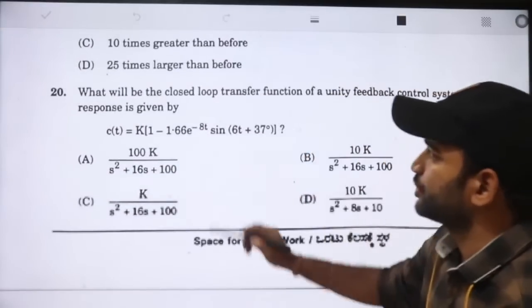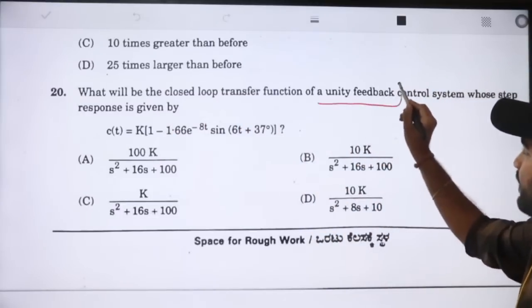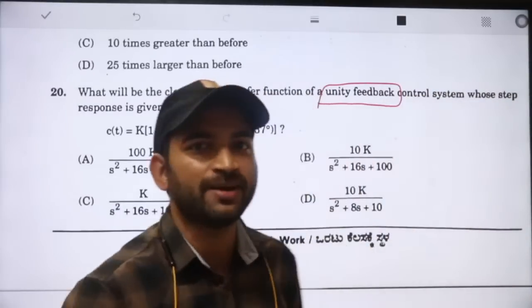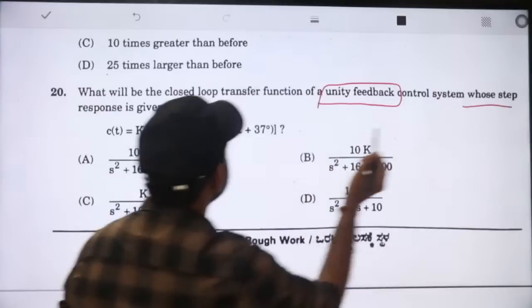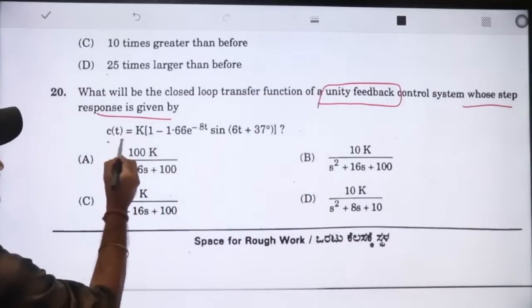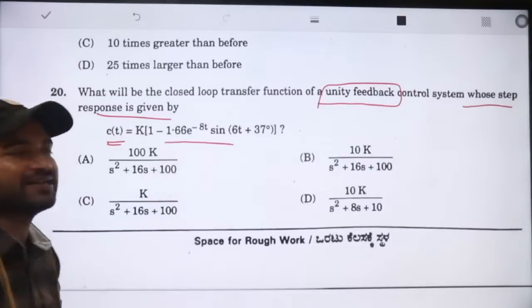Next one. What will be the closed loop transfer function of a unity feedback control system whose step response is given? C of t. First you need to understand this is a second order system.